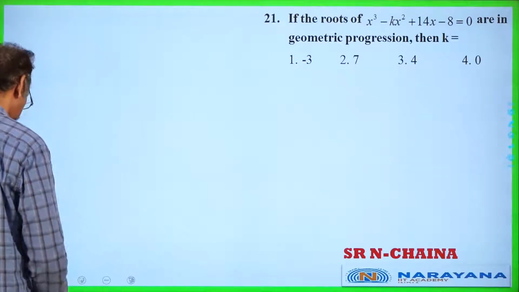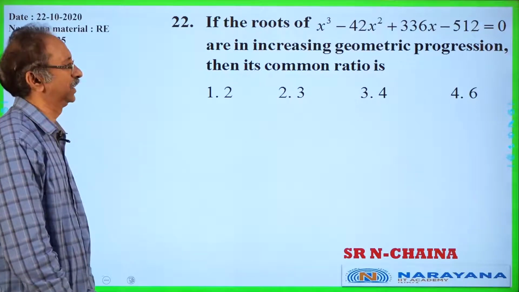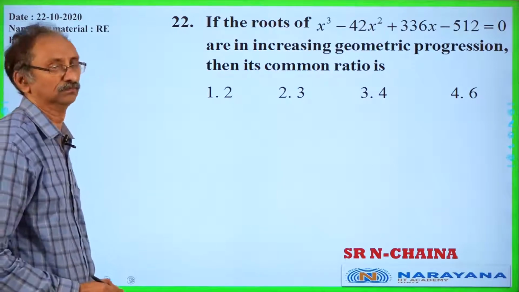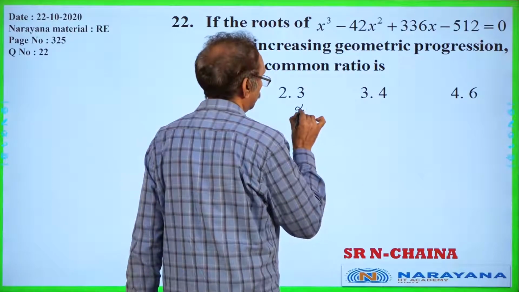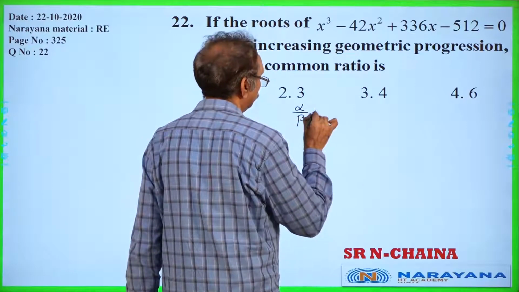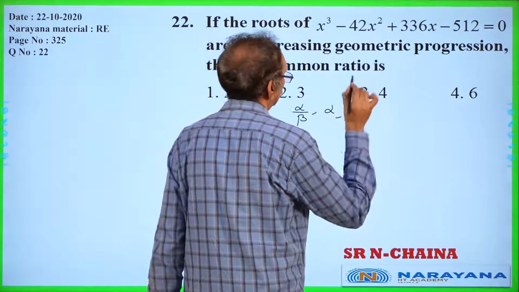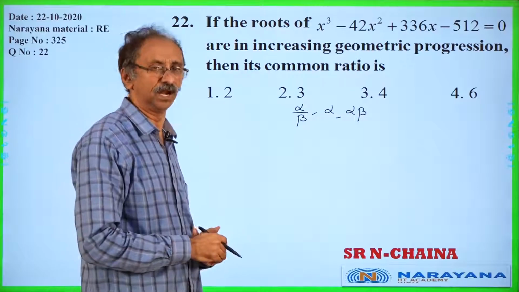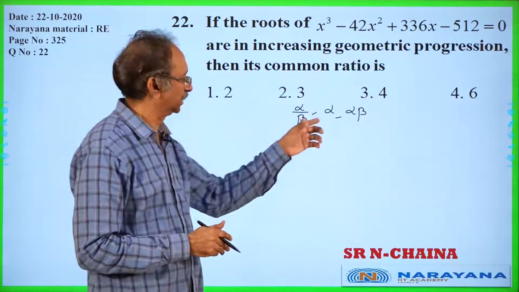Same question. If the roots are in increasing geometric progression, then what is the common ratio? Right, see, suppose the roots are alpha by beta, alpha, beta. So if you are confused with this beta, you can take alpha by r also, because in general for geometric progression we take r.